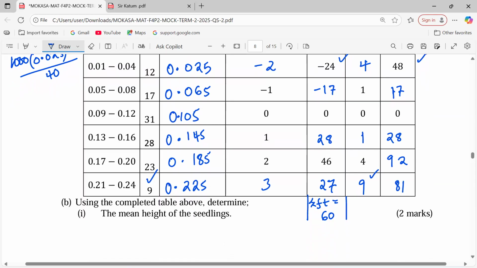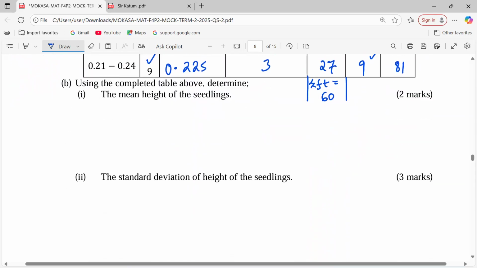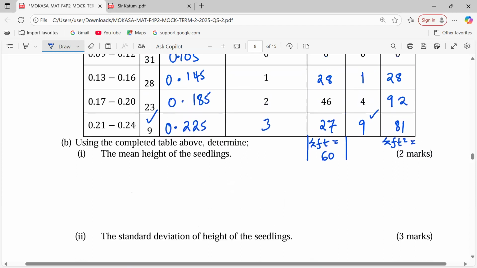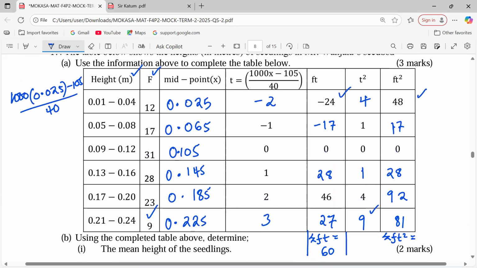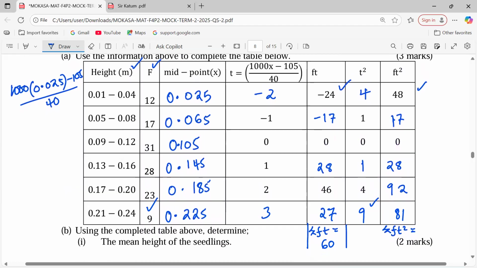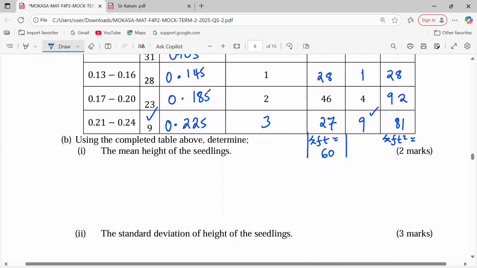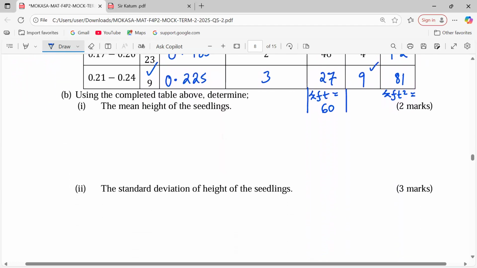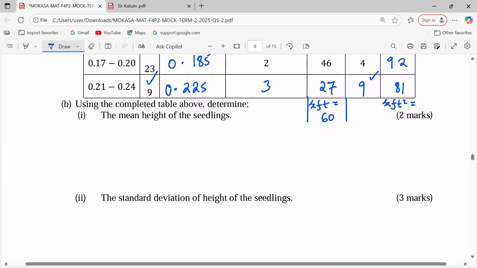This means we can also add f t squared. So the summation of f t squared, when we add everything, that is 48 plus 17 plus 28 plus 92 plus 81. That gives us 226.